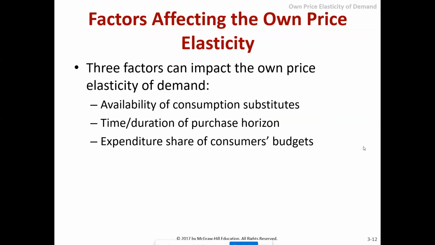There are factors affecting price elasticity. There are three. The first and second are talking about the same thing, which is whether there's an alternative.